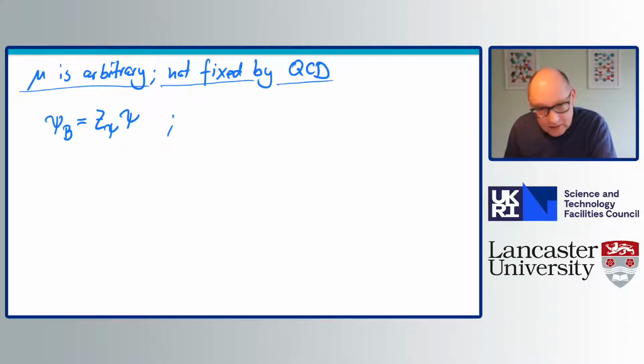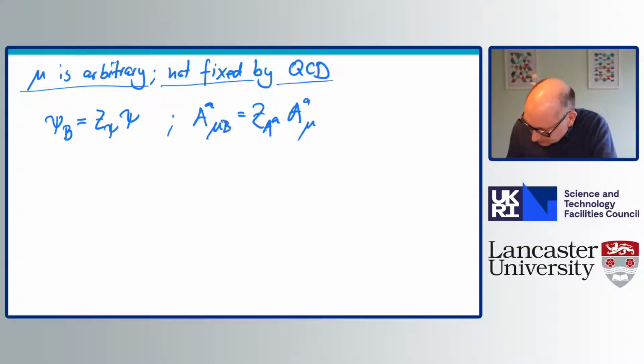In the same way, the gluon field A mu bare will be some renormalization factor times the renormalized field. Obviously, if the bare quantities are infinite, so is Z, so they will have poles in epsilon in the small amount that we change space-time from 4 dimensions.